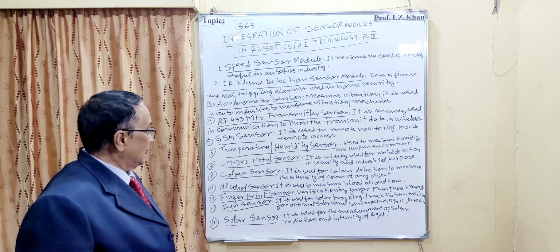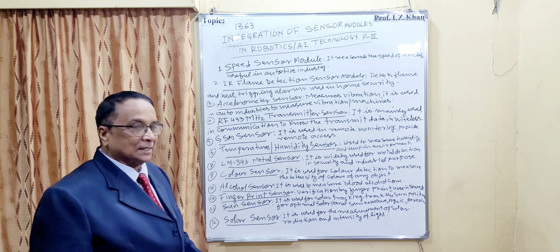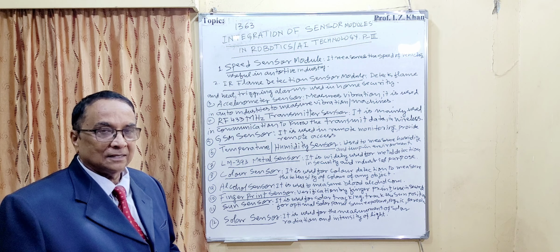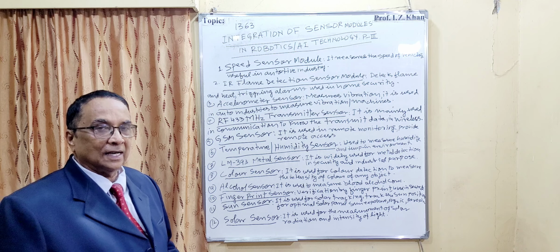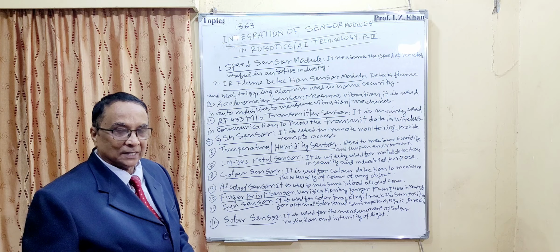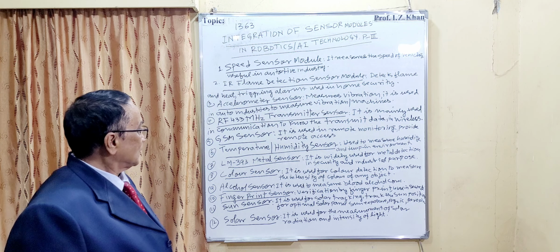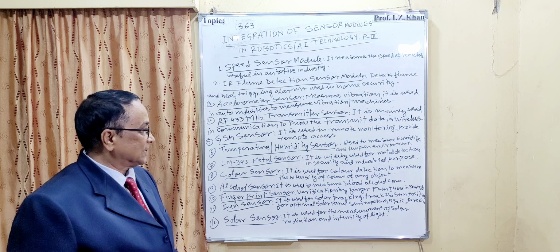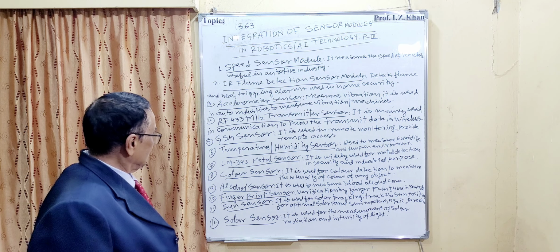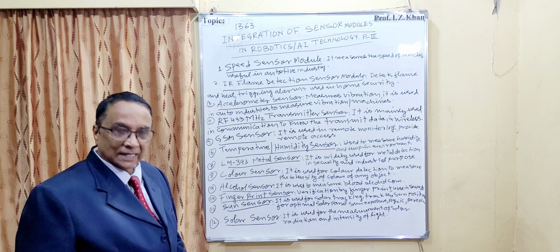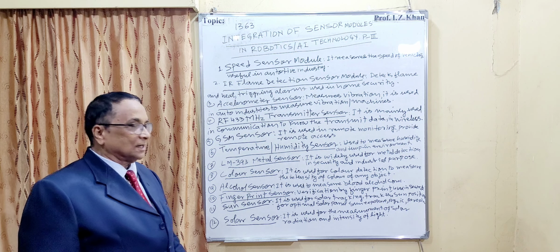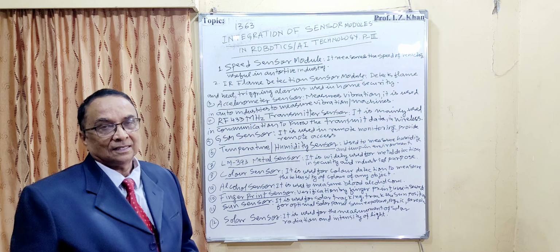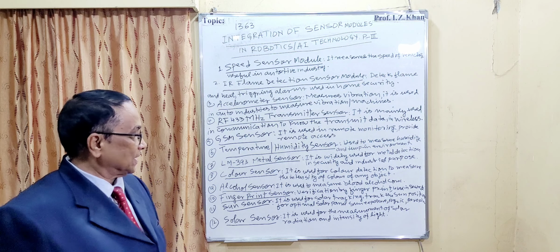Number seven, LM393 metal sensor, commonly known as a metal detector. The IR, infrared, is there, and it will detect if there is any metal in any part of the body. It is widely used for metal detection in security and industrial purposes. Number eight, color sensor. It is used for color detection to identify the intensity of the color in any object.